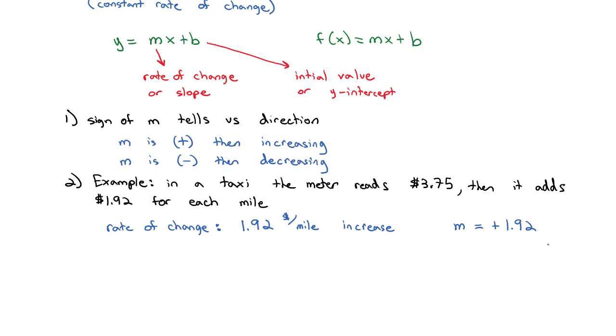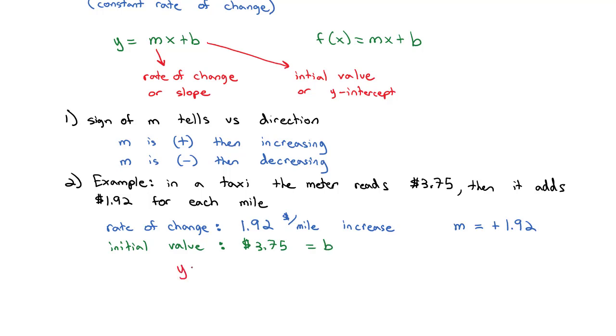That's the rate of change, what's changing over time. The initial value is that $3.75. That is my b value.